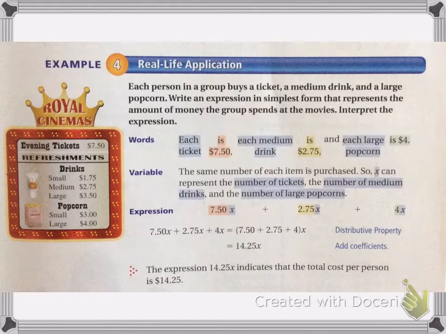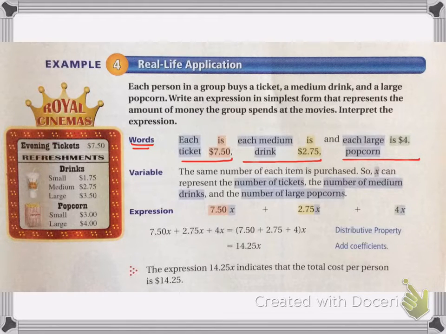But first, let's go ahead and write what we do know. So, in our book, they want us to go ahead and start with the words. So, each ticket is $7.50. Each medium drink is $2.75, and each large popcorn is $4.